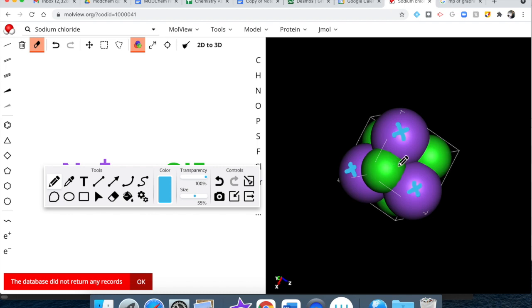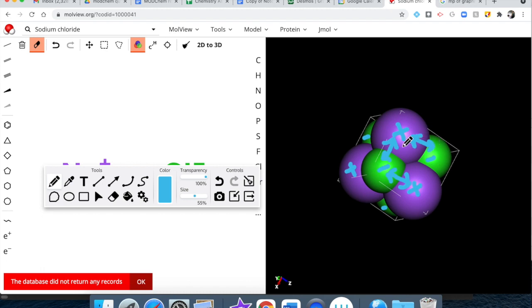These greens represent chlorine. Those chlorine have gained the electrons that the sodium lost, and so they have become negatively charged. Oppositely charged things attract, and so that means there's an attraction between the sodium and its neighboring chlorines, and every chlorine is attracted to every other neighboring sodium. And that's what keeps this structure together.